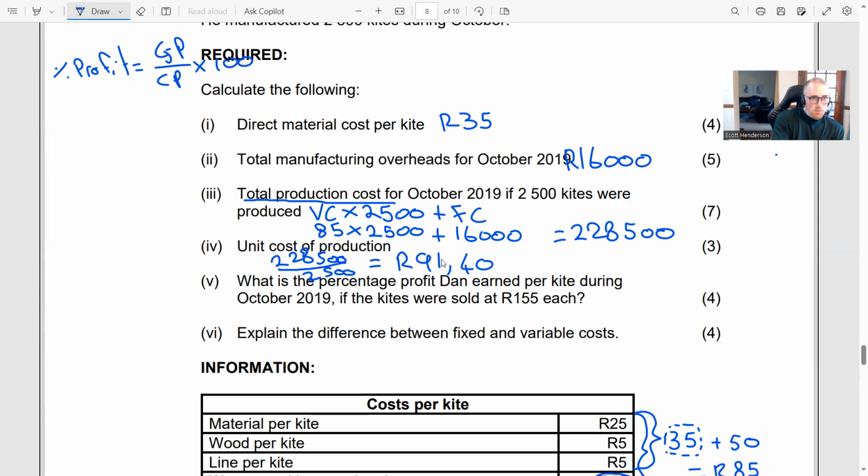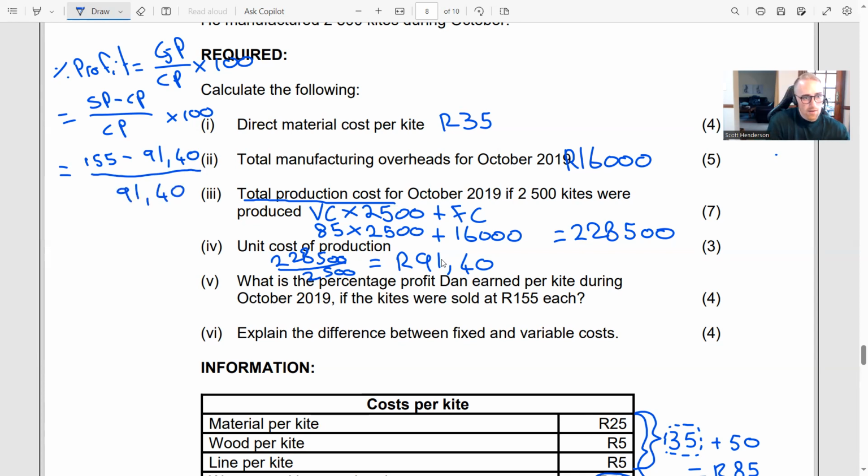Therefore, percent profit is equal to gross profit, which is selling price minus cost price, divided by cost price times 100, right? Gross profit is selling price minus cost price. Therefore, percent profit is equal to selling price, 155 Rand per unit, minus cost price, 91 Rand and 40 cents per unit, divided by the cost price of 91 Rand and 40 per unit.